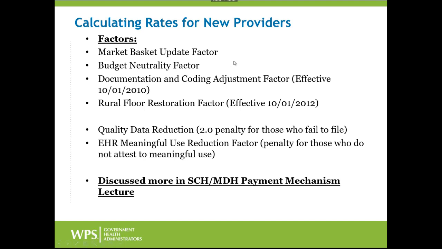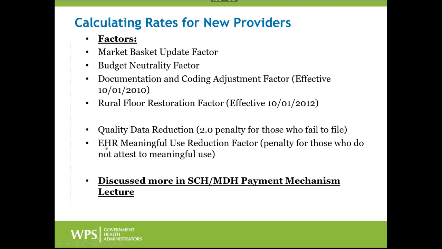There are a lot of factors that come into play: the market basket update factors, budget neutrality factors, documentation and coding adjustment factors, a rural floor restoration factor, and then furthermore, there are a couple of actual reductions that can apply to reduce the market basket update. If you failed to submit quality data, you have a 2.0% penalty.